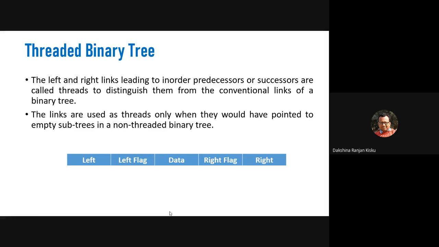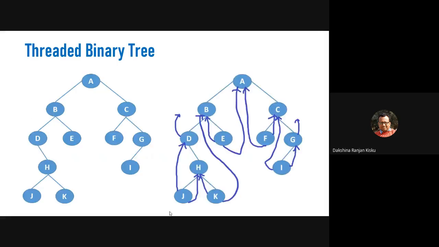Now if both the children are found to be empty, then in that case the left flag and right flag will be assigned 1. That means the left pointer will point to the in-order predecessor, and the right pointer will point to the in-order successor.